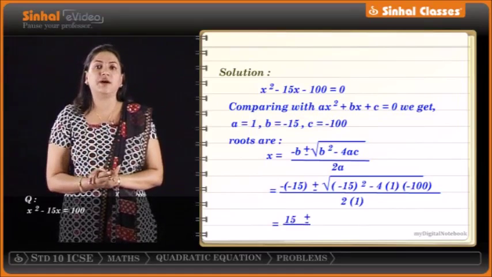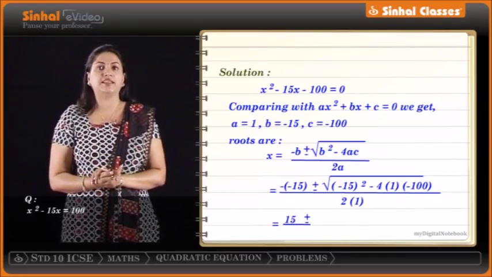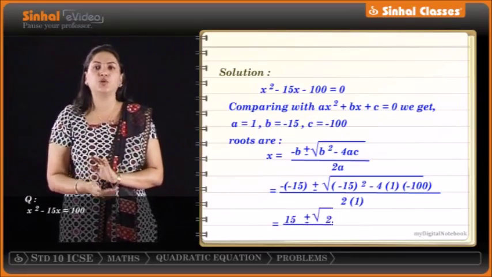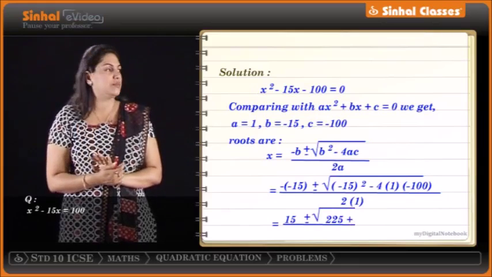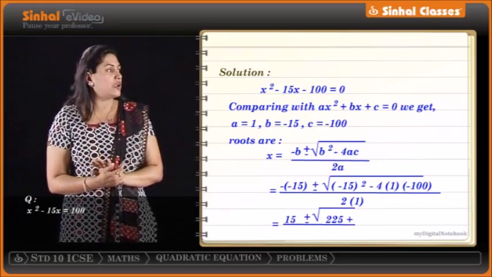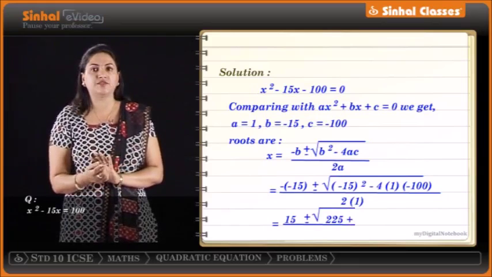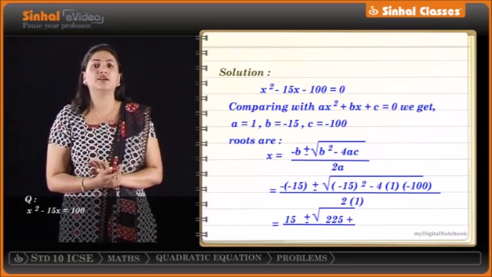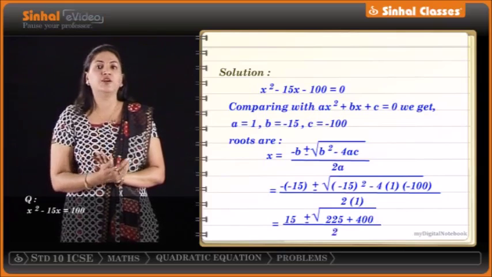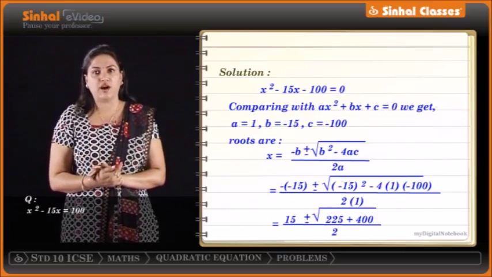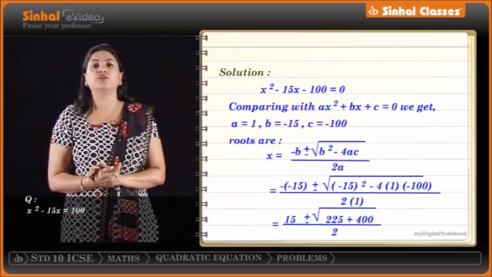In the root we have minus 15 square, that is plus 225. Now that minus 4ac term becomes 4 into minus 100, minus 400, into minus, so plus 400. Now in the root we have 225 plus 400, which gives us root of 625.